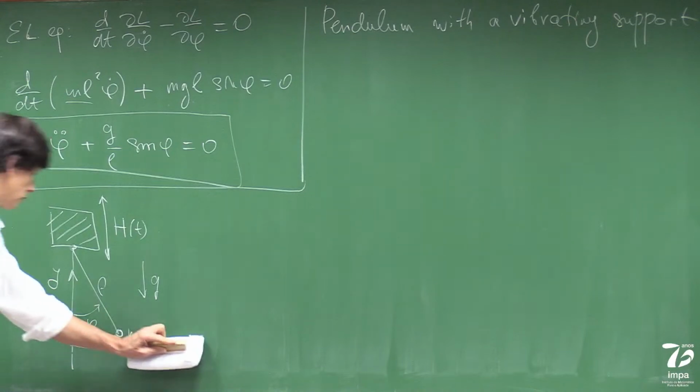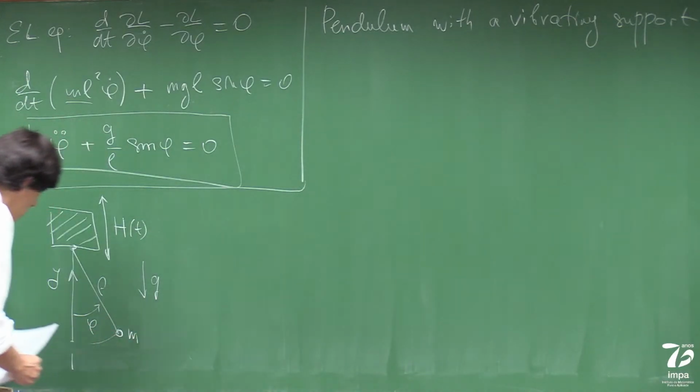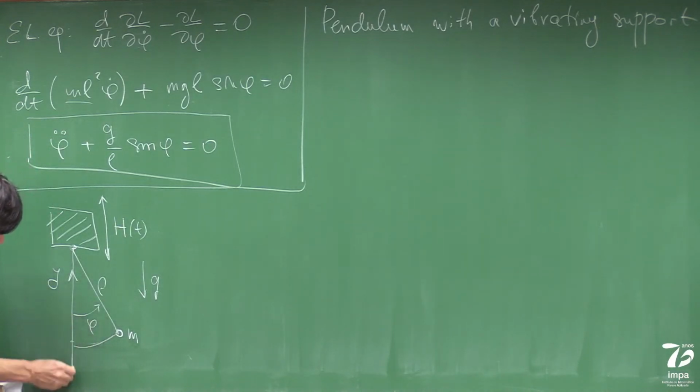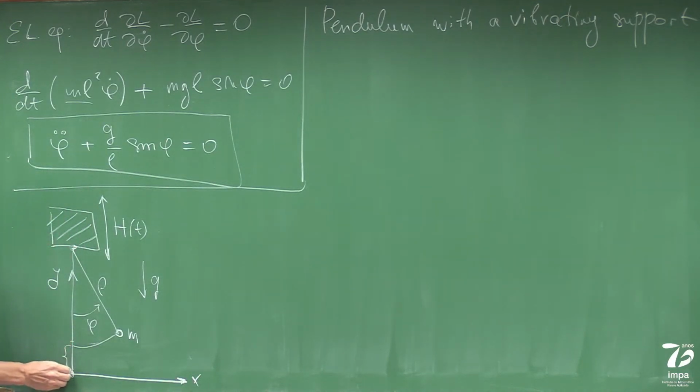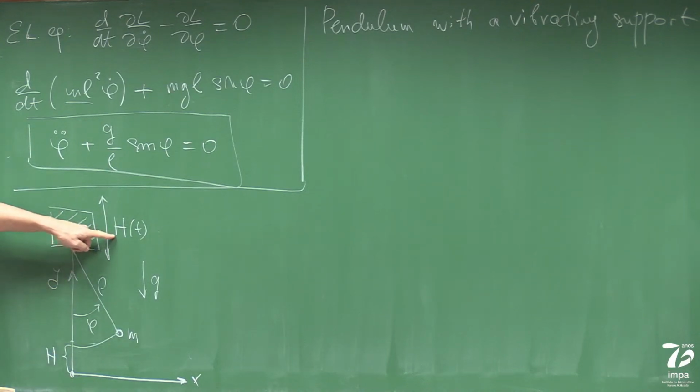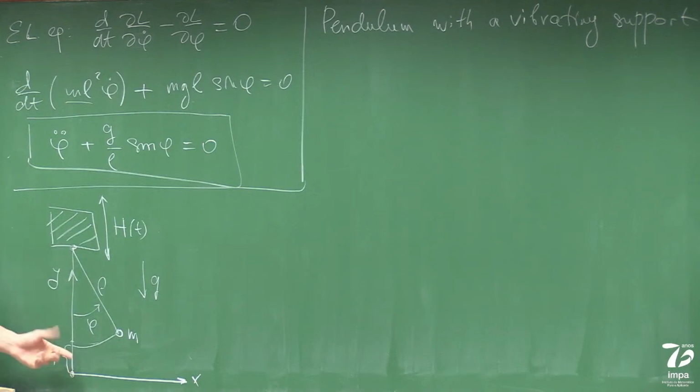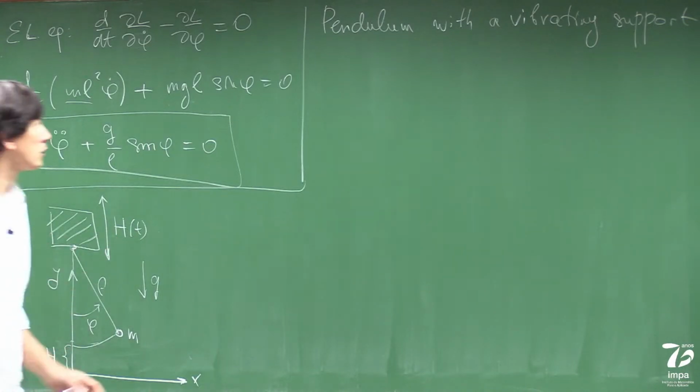We put the origin at a place which corresponds to H equals 0. Whenever capital H equals 0, the lowest position will be here. But the support goes up and down, so an origin should be fixed in space. That's why we put a fixed origin in space. We know that it's exactly the position of the pendulum when it's in the vertical position and capital H is 0.